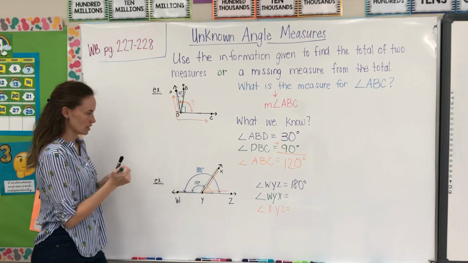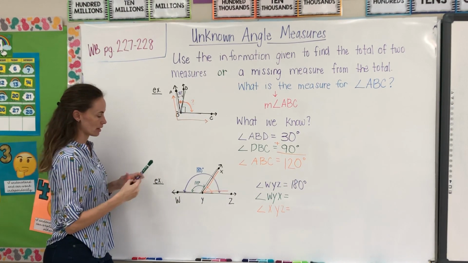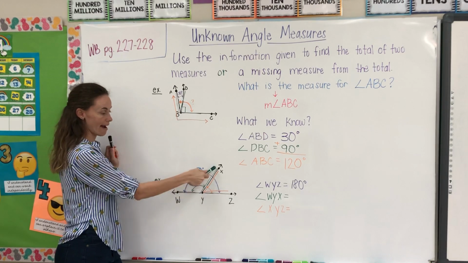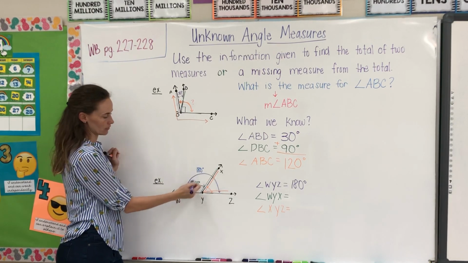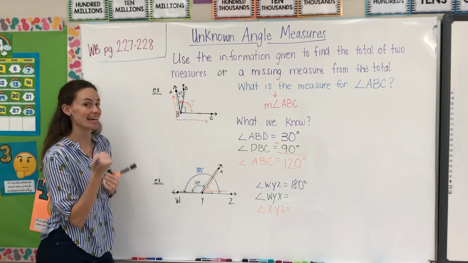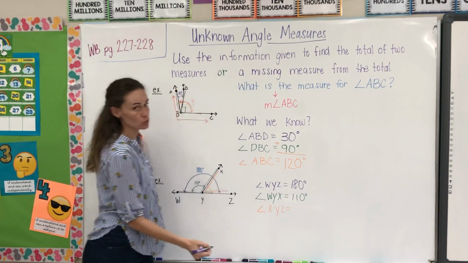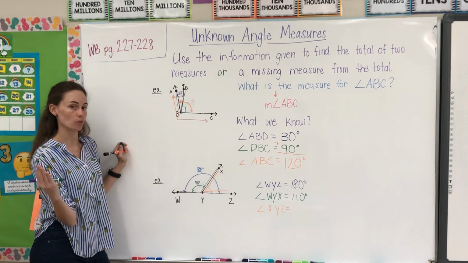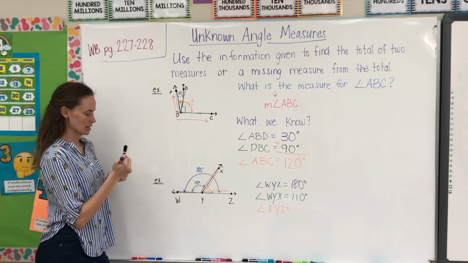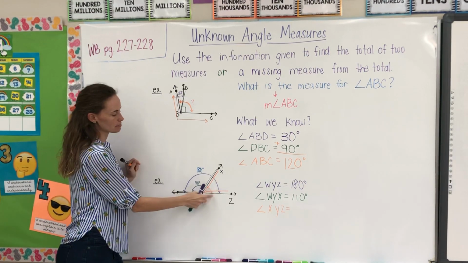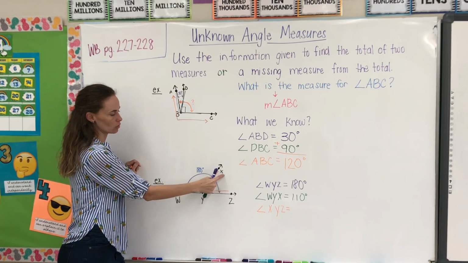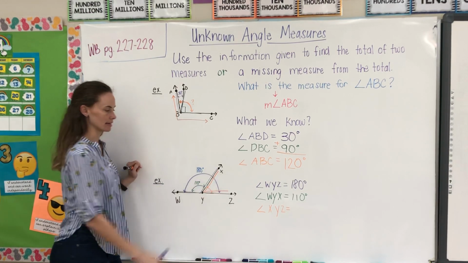Then we have angle WYX, and they gave us the measurement 110 degrees, which would make it an obtuse angle, because it's greater than 90 degrees. And they want us to figure out what's missing over here in angle XYZ.